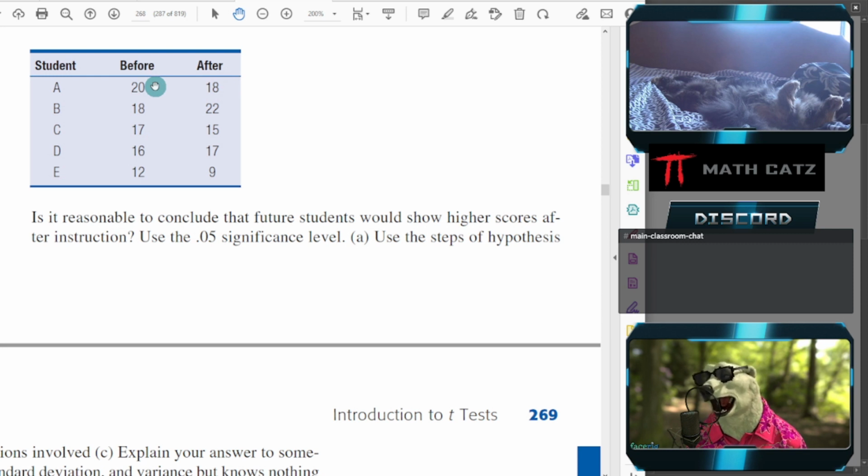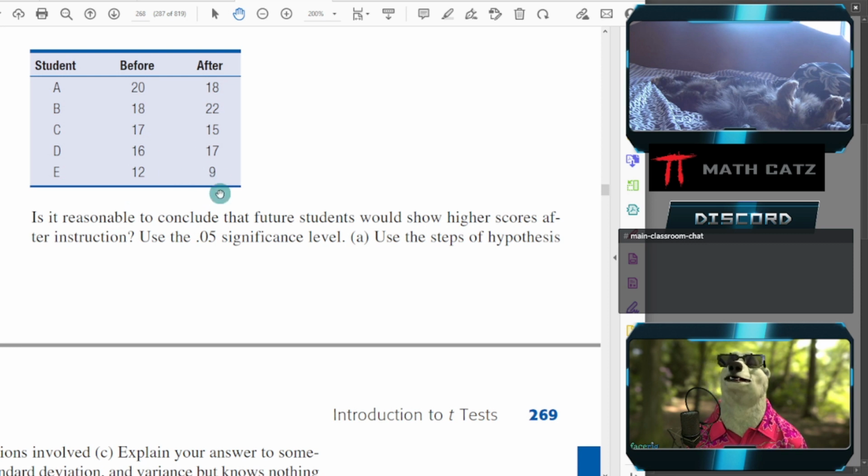I don't know exactly how, but I cannot assume independence here. So we're in the situation of a dependent means comparison, before and after. I want to see, is the average score before different from the average score after? Has there been a change of some kind?